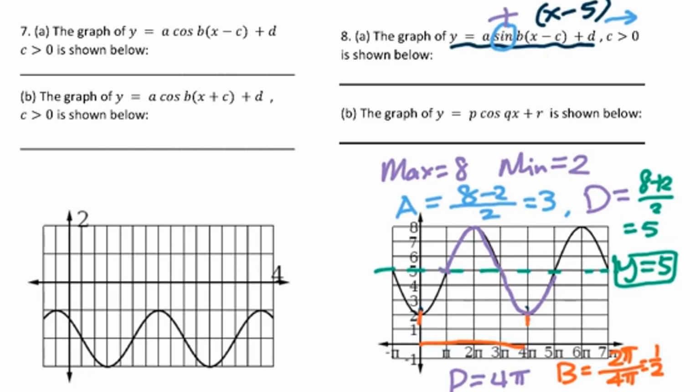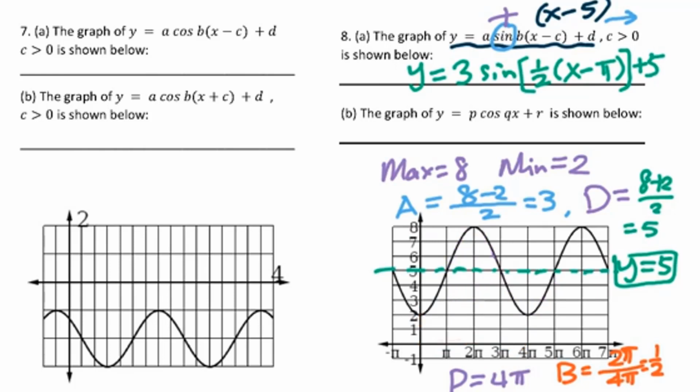Starting point will be pi, so C equals pi. Then we can figure out this equation. y equals A, which is 3 sine. For B, that's 1 over 2, times x minus pi. Then plus D, that's plus 5.